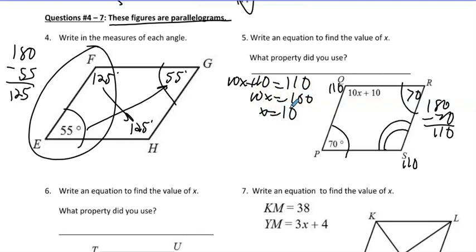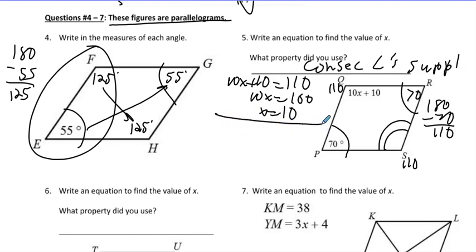Now when it says what property did you use, that's a kind of a combination of properties. We know that consecutive angles are supplementary, and we figured out it was 110 and solved it. So we'll write that down. Consecutive angles are supplementary. Just abbreviated.